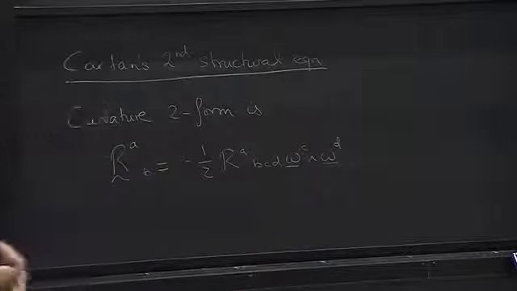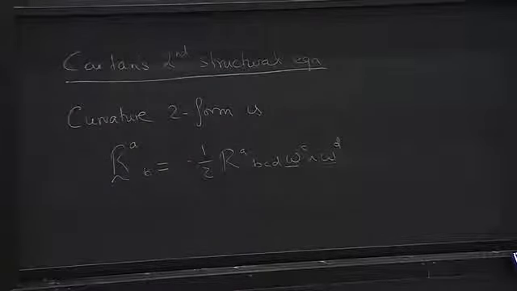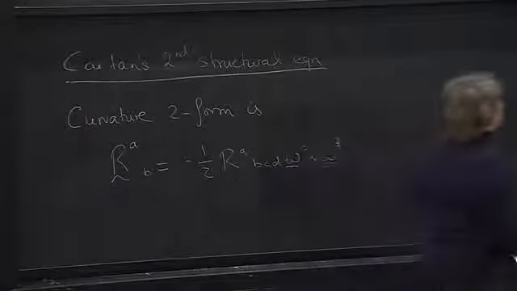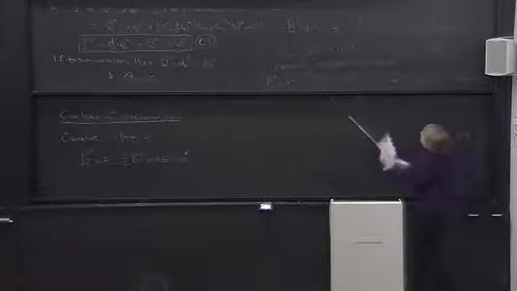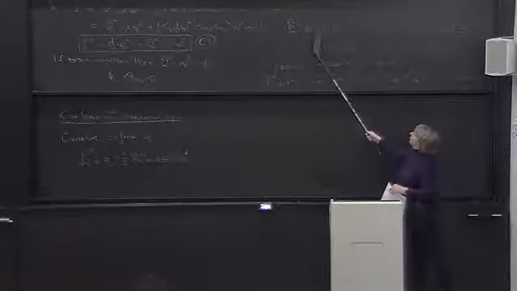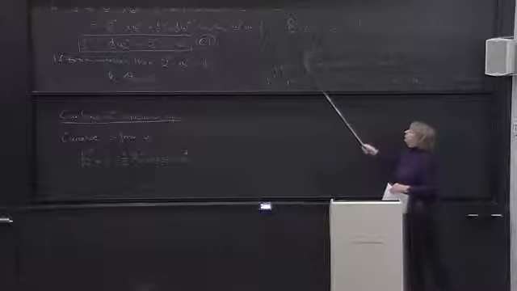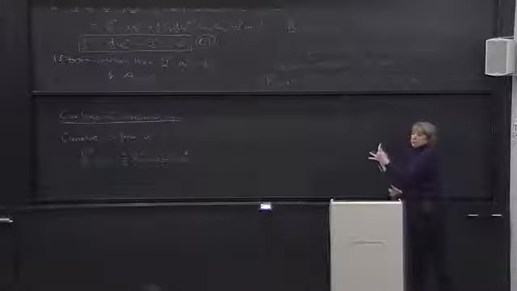And what I do is I mop up the last 2 indices of the Riemann tensor. So what I'm essentially doing is taking the UV part and pulling out the UV and making this instead into a 2 form.